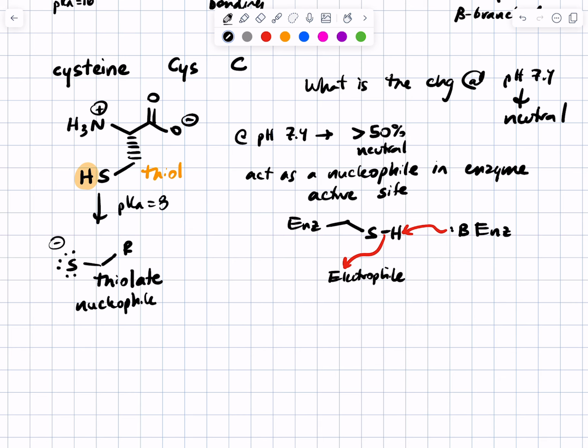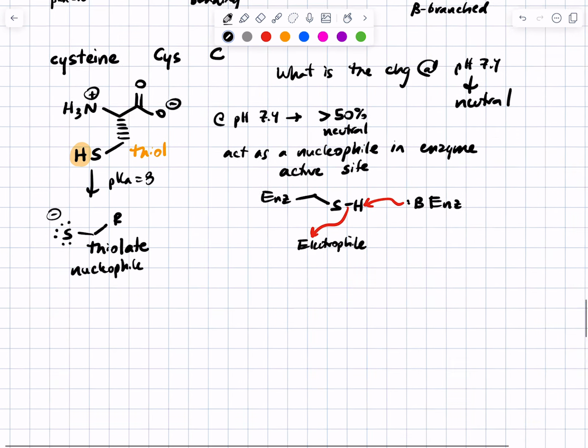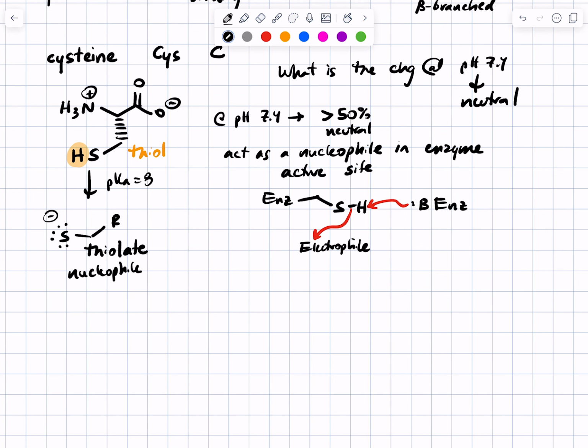One other interesting thing about cysteine that you'll see in selected examples, so you need to be prepared for, is cysteine can be oxidized to form what are called disulfides. You saw a disulfide before in lipoamide.